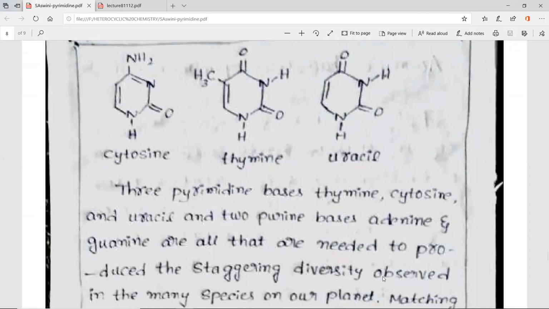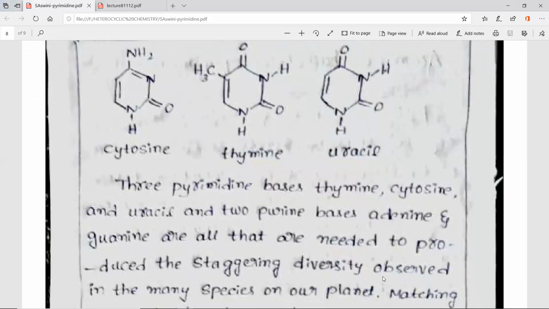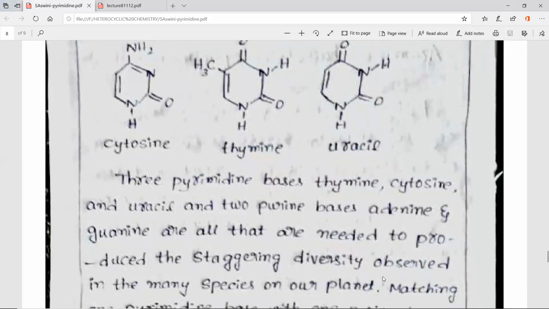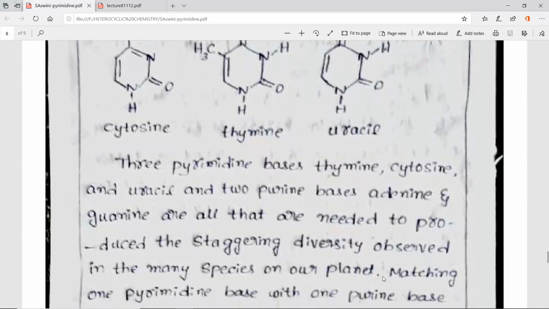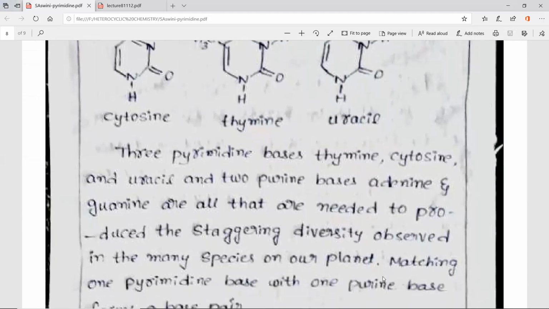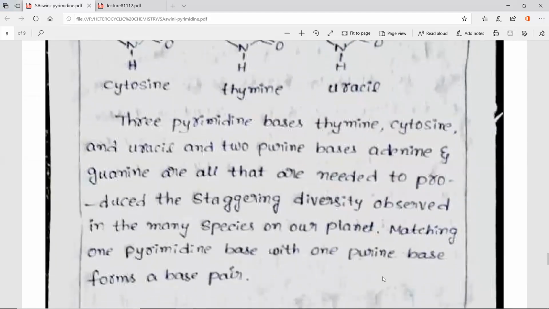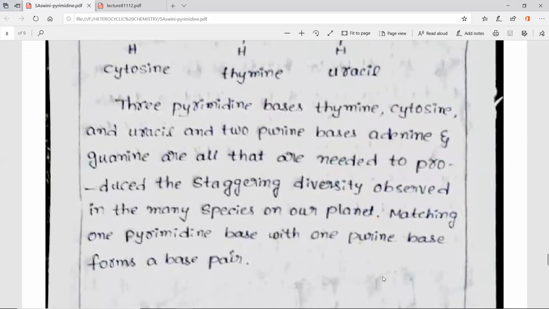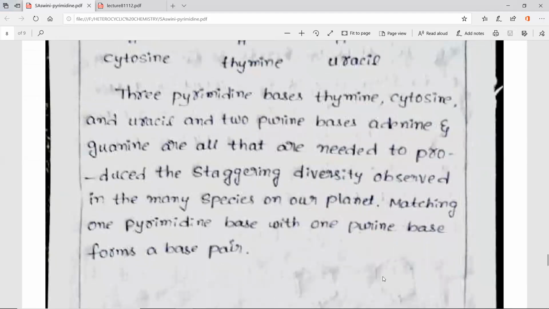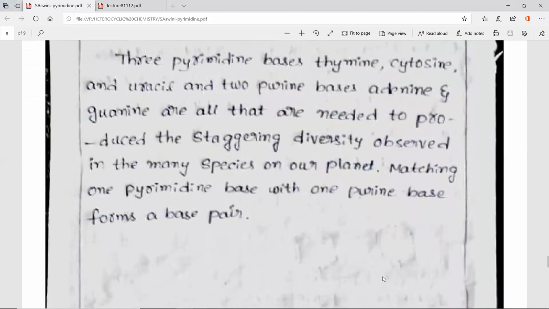So 3 pyrimidine bases, thymine, cytosine and uracil, and the other 2 purine bases, adenine and guanine, are all that are needed to produce the staggering diversity observed in many species on our planet.